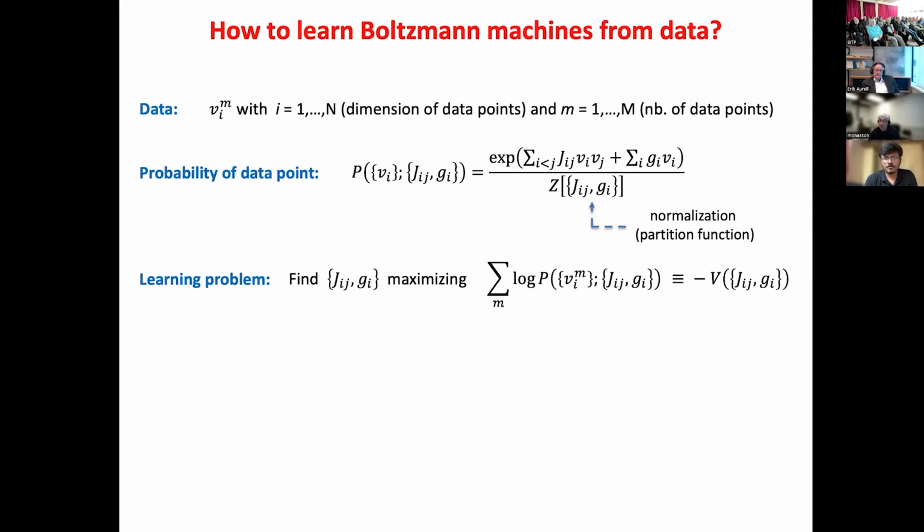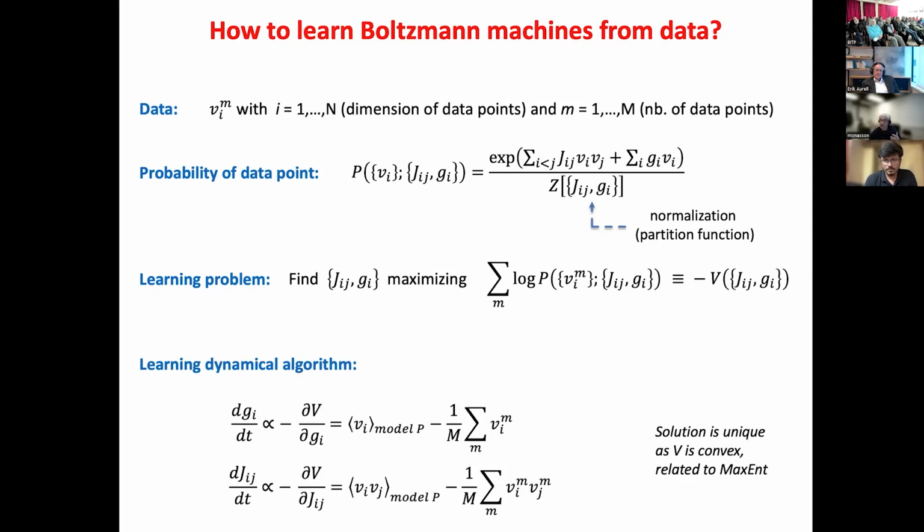And the Boltzmann learning machine algorithm, which was introduced by Hinton and collaborators in 1985, is simply a gradient descent of this energy here. So you imagine some kind of fake dynamical scheme where you have this learning time t, which is not a physical time, right? It's a time on the computer. So we have a gradient equation. We just go down the gradient of V along the G parameters, the local fields, and the Jij, the interactions here.